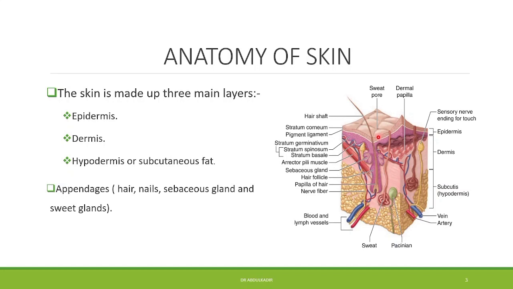The dermis is the most important one, which is composed of the nerve endings, blood vessels, and so on, and it is composed of, as we all know, five layers. Then we have the hypodermis, which contains fat tissue. So let us go to our topic.